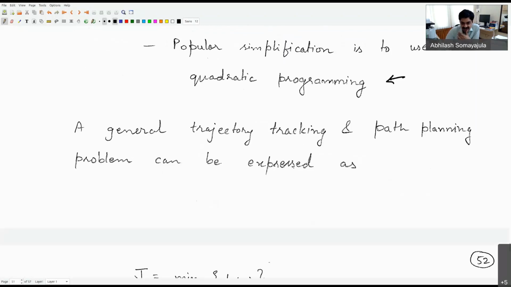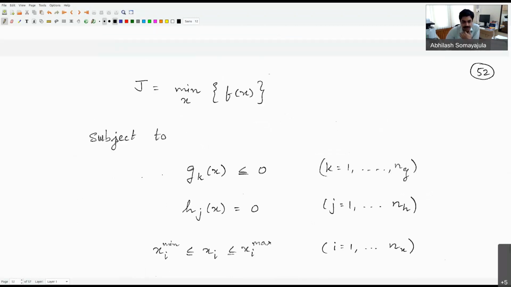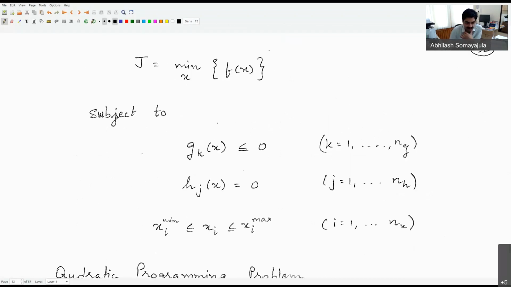So a general trajectory tracking and path planning problem can be expressed as some minimization of an objective function which is subject to some constraints. These constraints can be inequalities, which I'm representing by G in this case, or some constraints could be equalities, which I'm representing by H, and then there could be a range of values which your inputs can take.